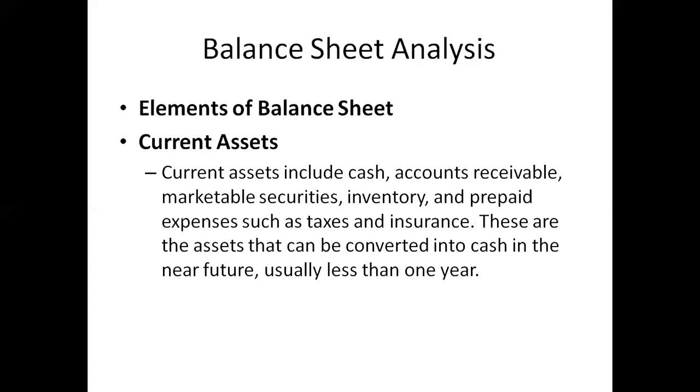In the elements of the balance sheet, we have first the current assets. What are current assets? Normally current assets include cash, accounts receivable, marketable securities, inventory, and prepaid expenses such as taxes and insurance. These are assets that can be converted into cash in the near future, usually less than 1 year.